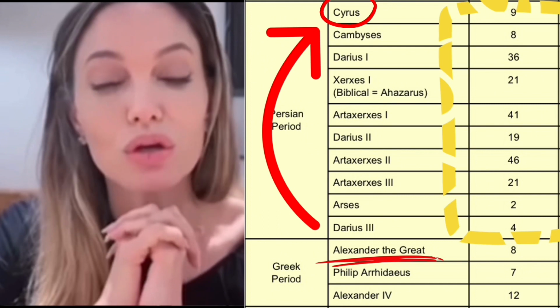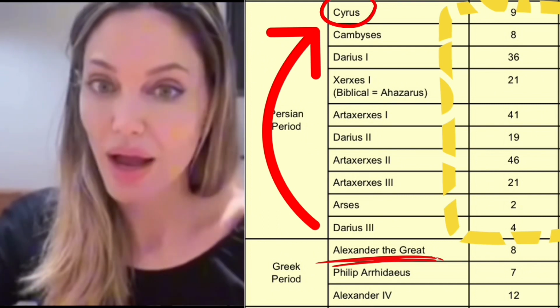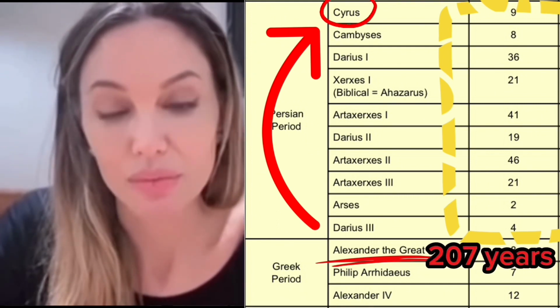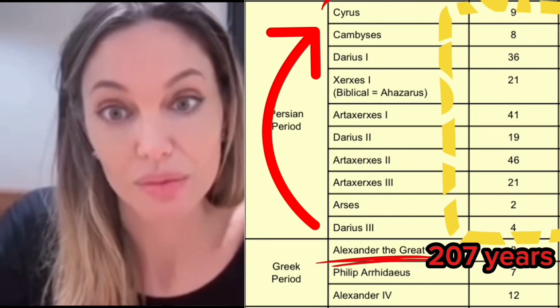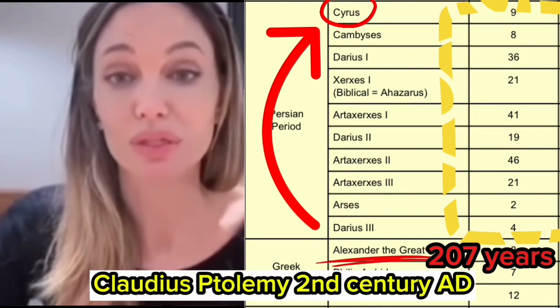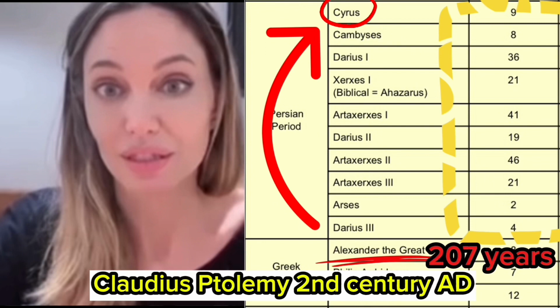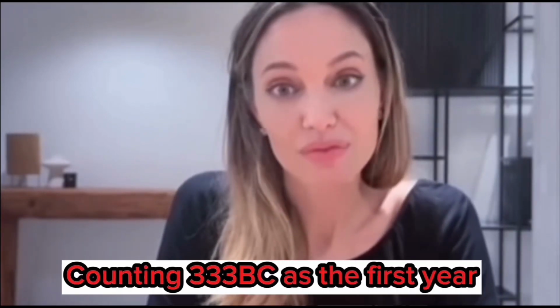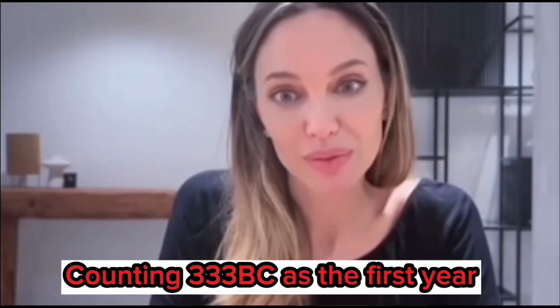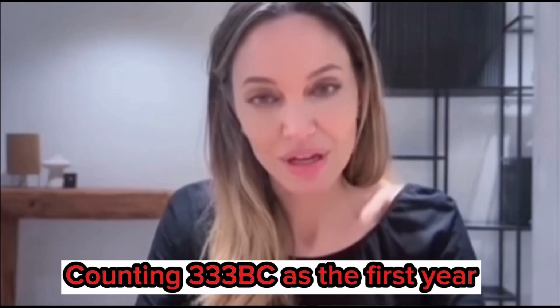The calculations are simple enough. Add up the reigns of all the rulers, which is 207 years assuming successive reigns, and this is based on a list compiled by Claudius Ptolemy in the 2nd century AD. Then you calculate backwards from 333 BC, when Greece overthrew Persia. So 333 BC plus 206 more years equals 539 BC.